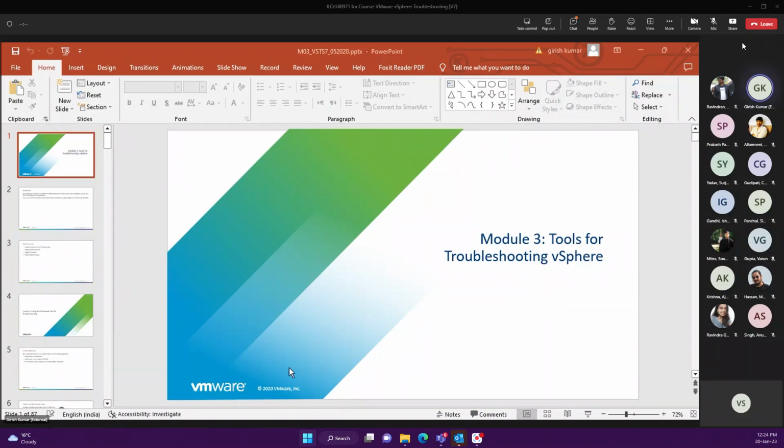You click on that link, you need to sign up if you are using it for the first time, and then log in, and inside you will get one redeem option. You can put this code in, and it will give you two ebooks. One is your lecture manual, another one is your lab.